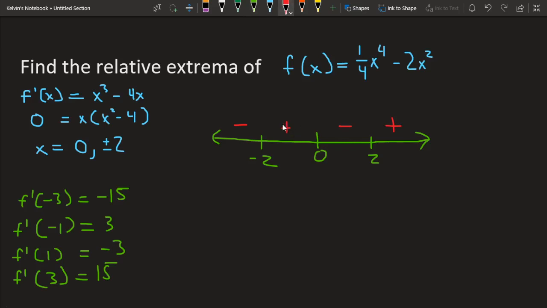So what this all means is that we can find the relative minimum and maximum using the first derivative test. So let's first find the relative minimum.